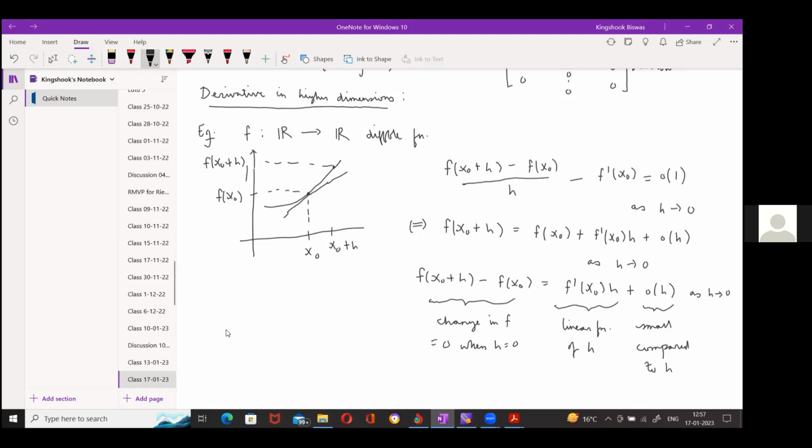So this much is the change in f, right? This is the change in f. And this much here is the linear function of h, right? This is f prime x naught times h. And what is this much? This much is the error term, which is a little o of h.